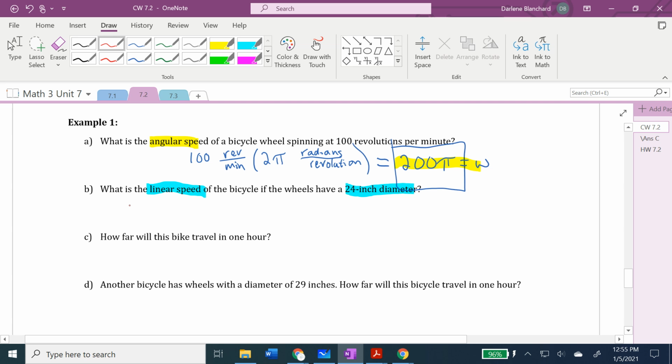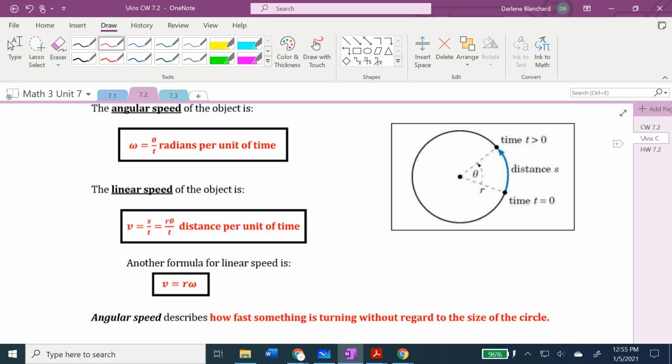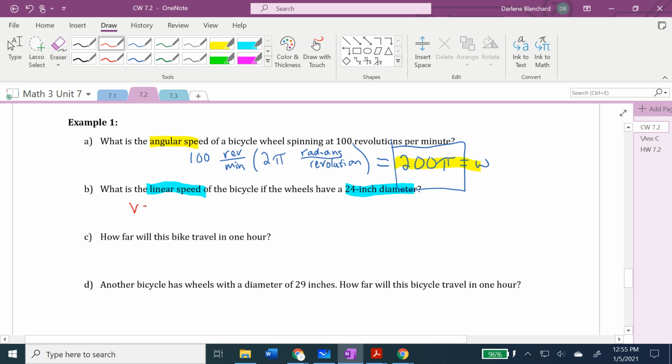Linear speed, which I just showed you, we'll use the letter V. Linear speed is equal to the radius of the circle multiplied by the angular speed. What is the radius of the wheel with a 24-inch diameter?